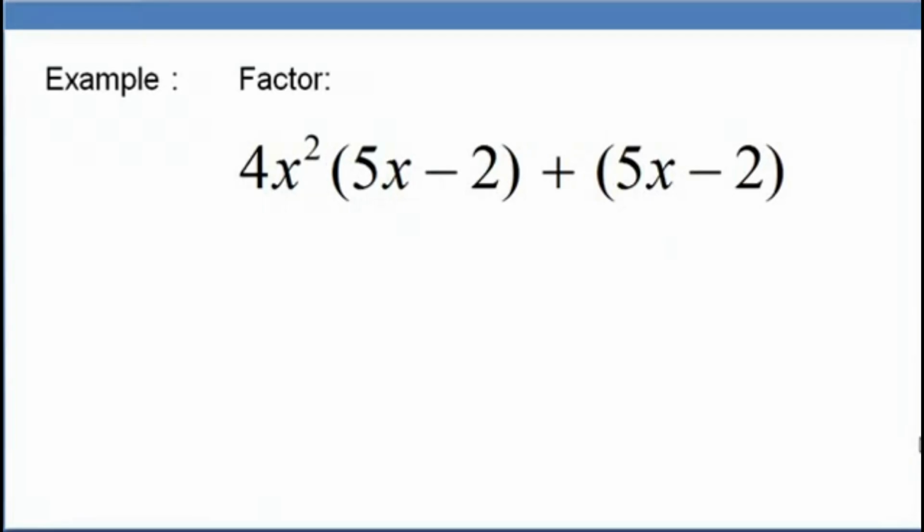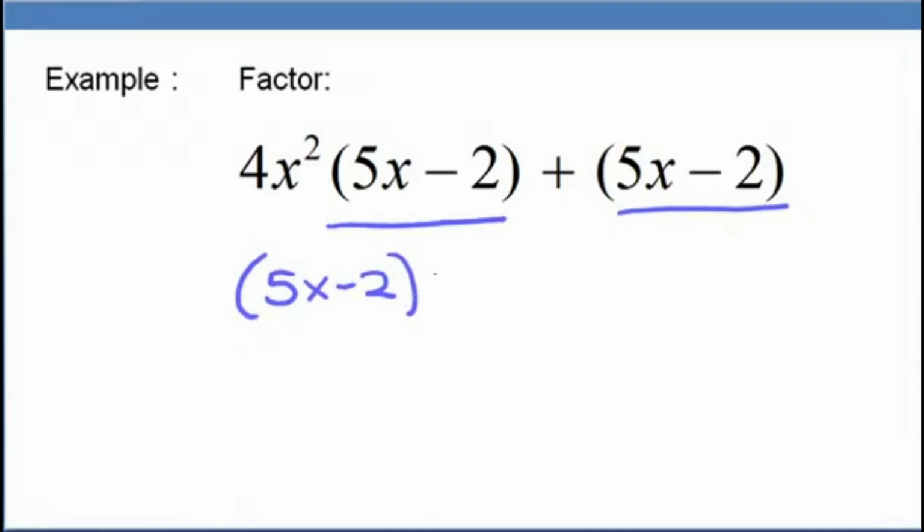Let's look at one more problem, and it does say factor, so we're not going to multiply out. And this one also has that common binomial, so it has this large piece that matches. So we will take it out. That's our GCF.